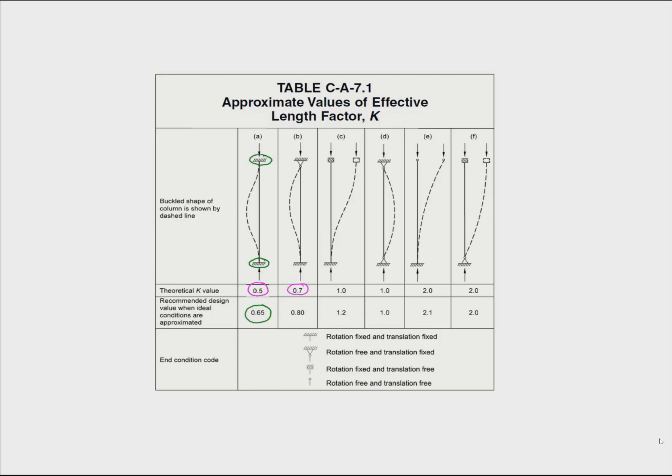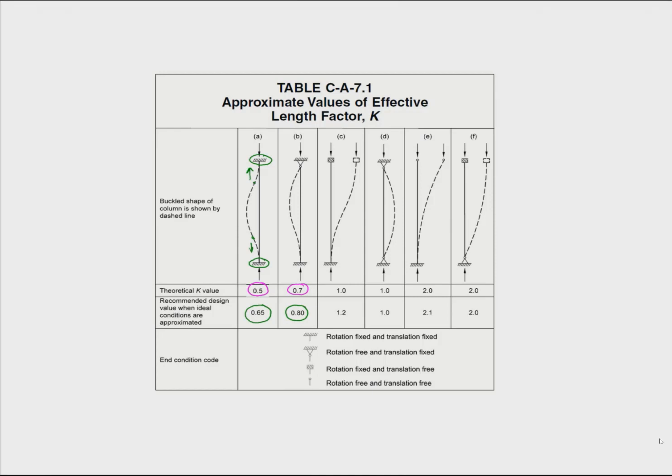And if they had some flexibility, then the points of zero moment would move out in that direction, increasing the effective length. So, to account for the fact that it may not be perfectly fixed, the effective length factor is conservatively taken as 0.65. Similarly, for a fixed pin, it is to be taken as 0.8, and so on and so forth.